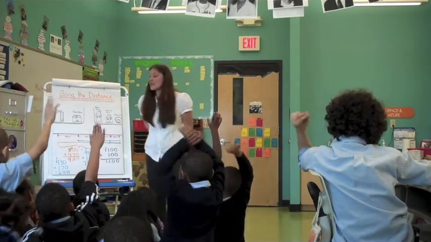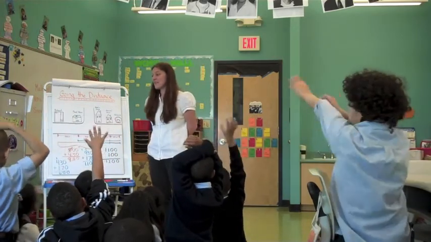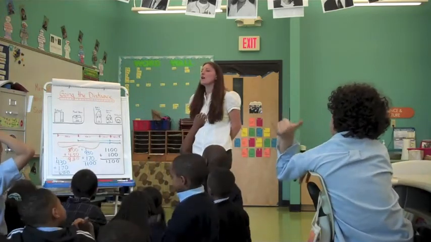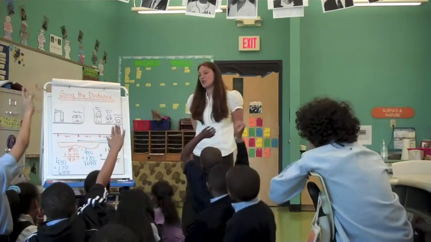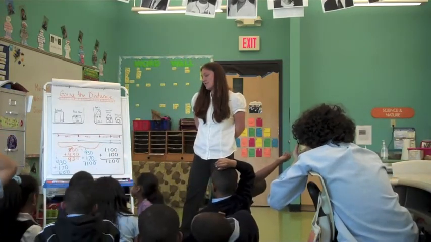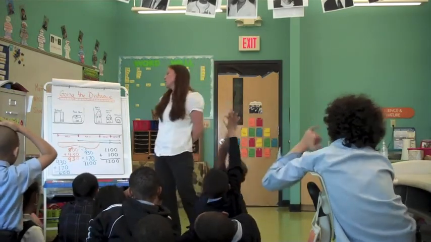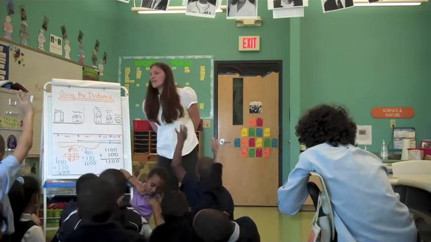How far did I travel if I only traveled 500 meters? Excellent. Who can tell me where I traveled if I only traveled 170 meters? Alec. From where? Excellent. And last question, who can tell me where I traveled if I traveled 270 meters?